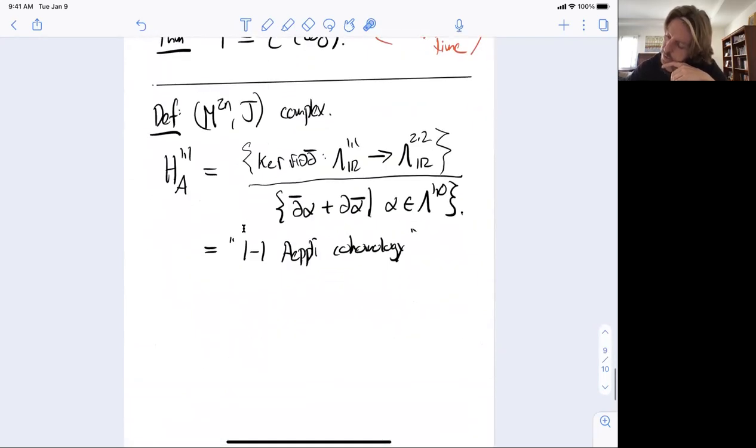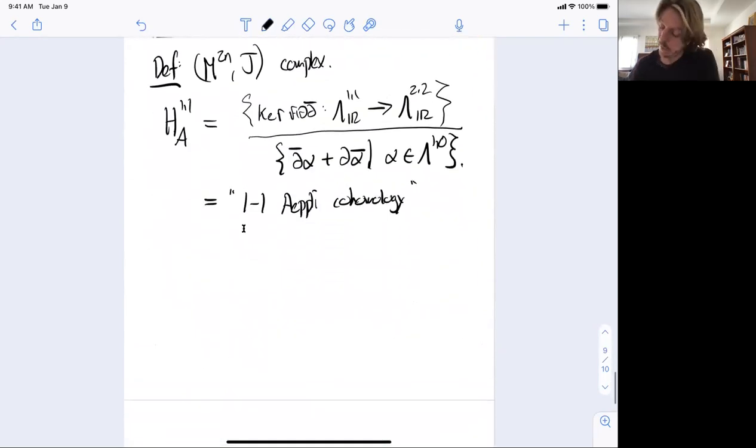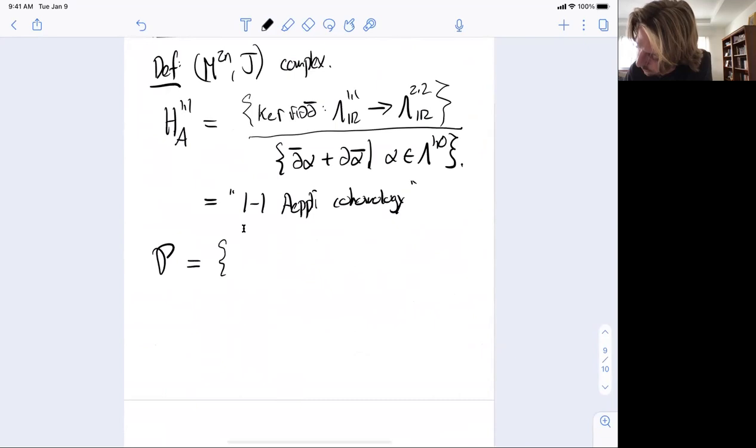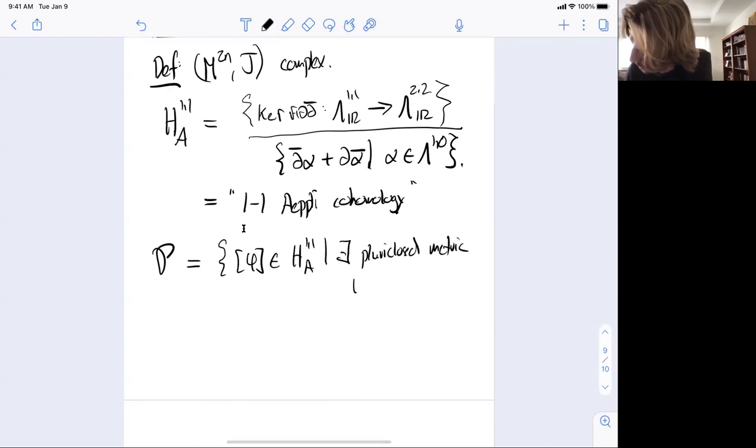So this is this Aeppli cohomology, and inside this, every pluriclosed metric of course defines an element in this cohomology space. Then I can define what I think we usually call P, the positive cone. This is the set of classes in H^{1,1}_A such that there exists a pluriclosed metric omega in the class.